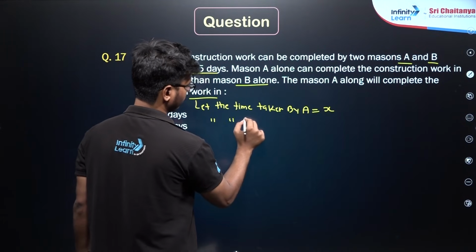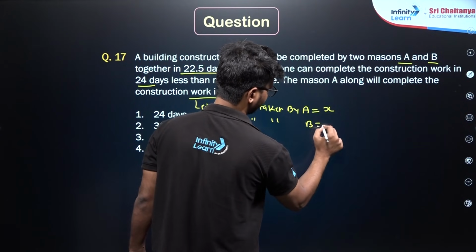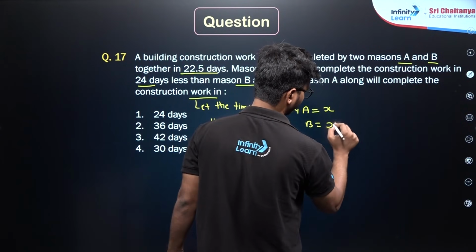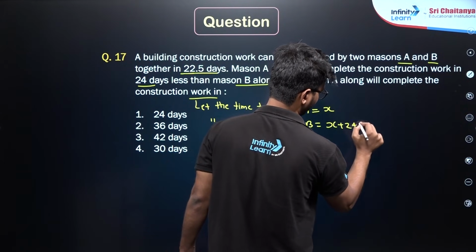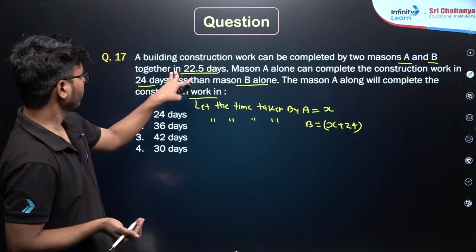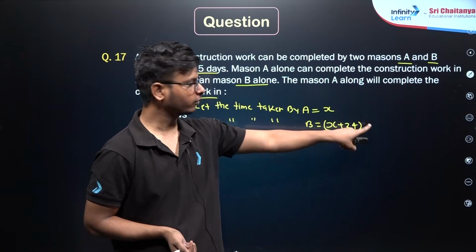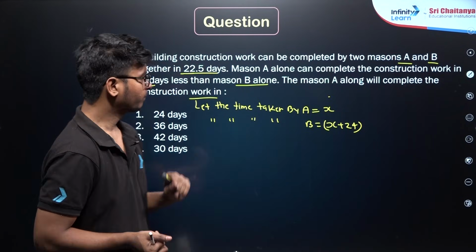Therefore the time taken by B is going to be x plus 24. Why x plus 24? Because A takes 24 days less, so if you subtract 24, you are going to get A, correct?